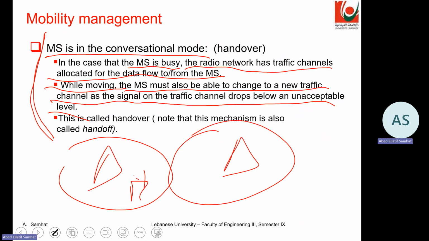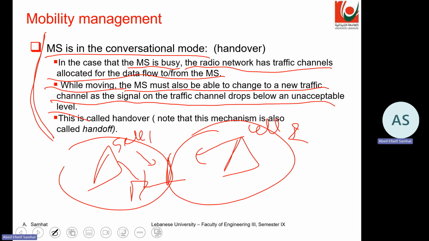Okay, in this case, the mobile is in a communication, and when moving, the strength of the signal received from cell 1 is decreasing. However, the signal received from cell 2 is increasing.